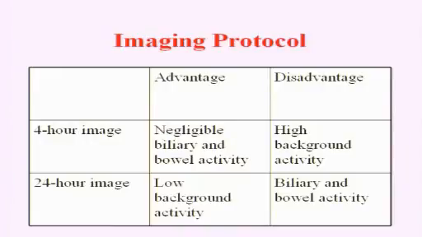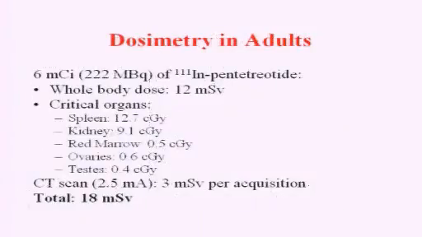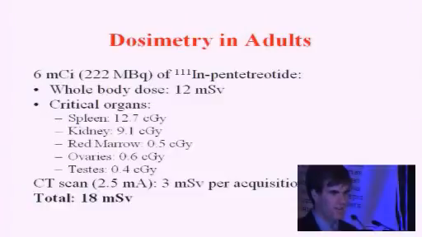And at 24 hours, you have lower background activity, which results in a higher tumor to background ratio, or better detectability of tumors. The dose of a whole study is 18 millisieverts or 1.8 rem, and the spleen and kidneys are the critical organs that have the highest dose.